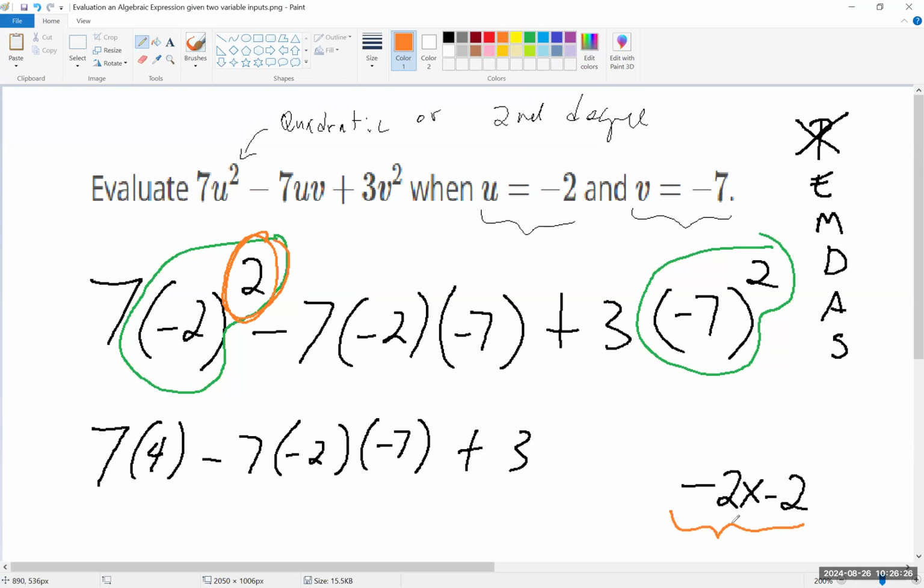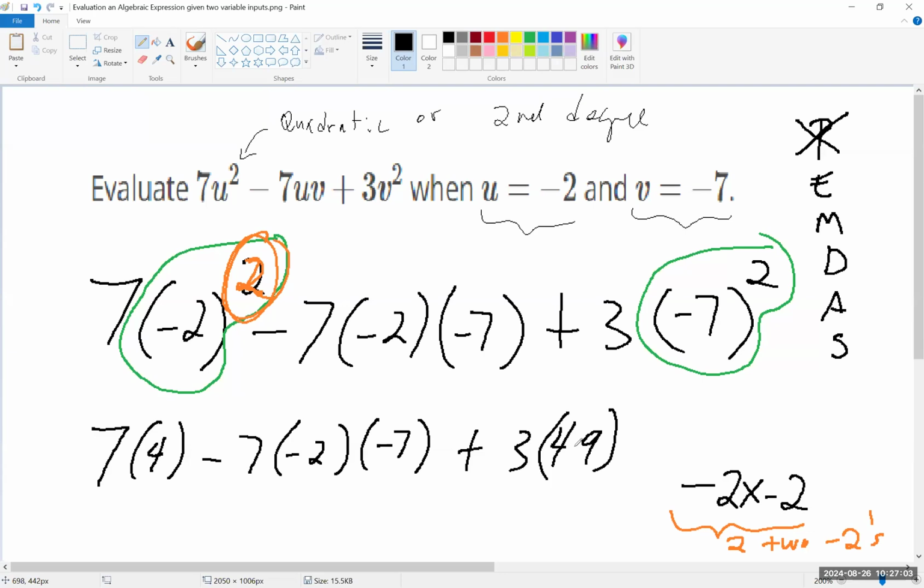So there's 2 of them. 2 -2s. So -2 times -2 is a +4. So we're done with the negative. The same then, if that made sense, then you know this is just 49. Because -7 squared is -7 times -7.